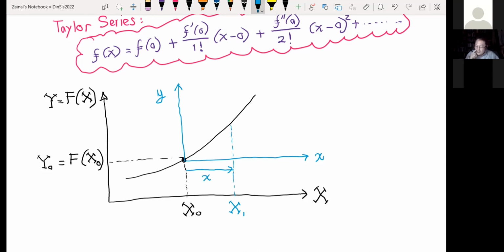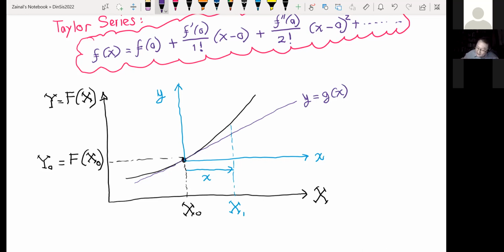Now we know that this line is a linear function, y as a function of x, suppose this is g(x).